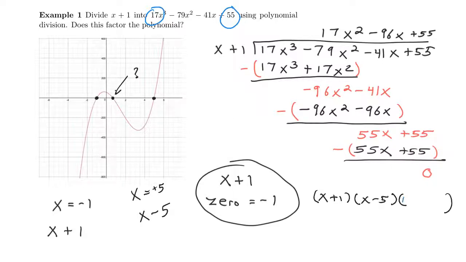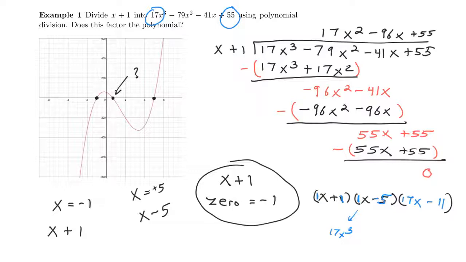It's got to be 17x, and the reason is you have a 1x and a 17x, which multiplies to give you 17x cubed. Now this 1, this negative 5, and whatever goes over here has to multiply to give you positive 55. Well, that's got to be 11. So that's the remaining factor for this polynomial, 17x minus 11.